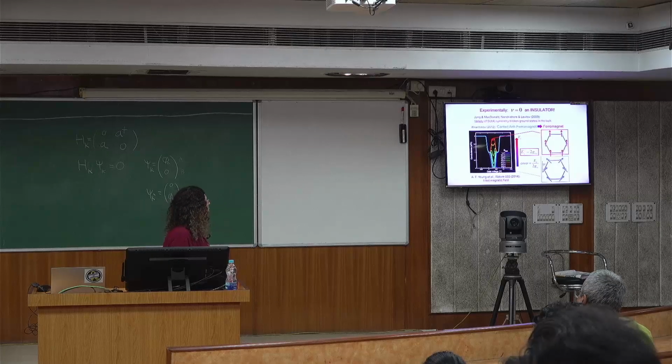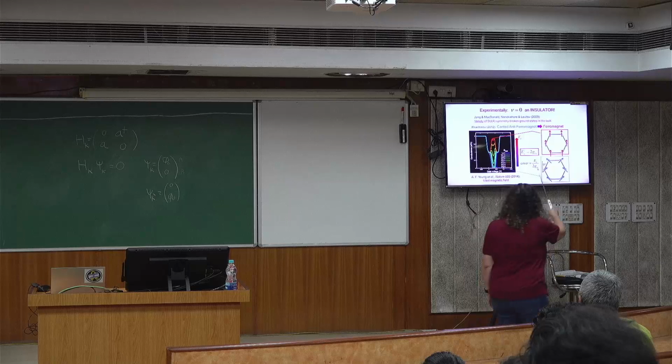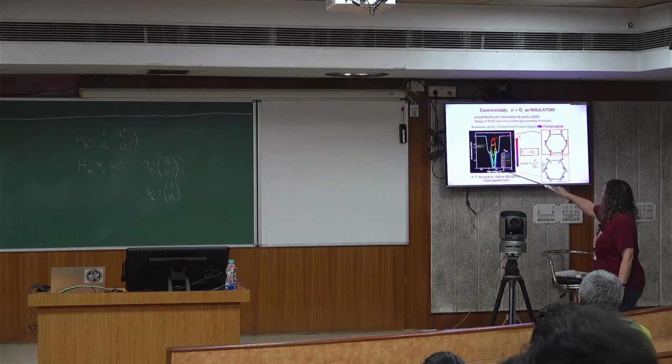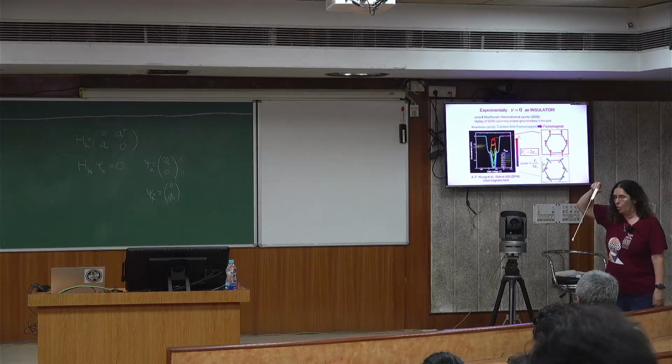But in any case, what's the main result? It's very beautiful, I think. If you just focus on the conductance at 0 filling, it goes from 0 to a plateau at almost 2 times e squared over h.